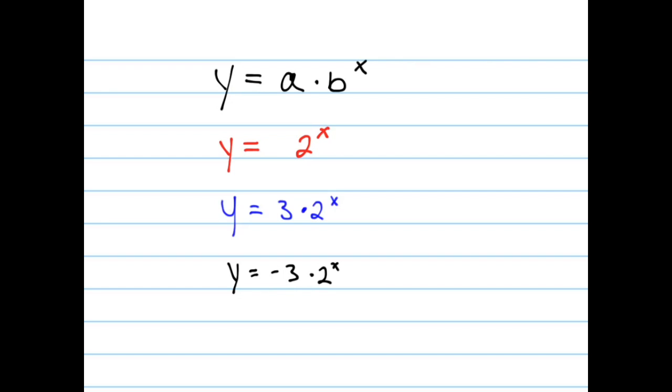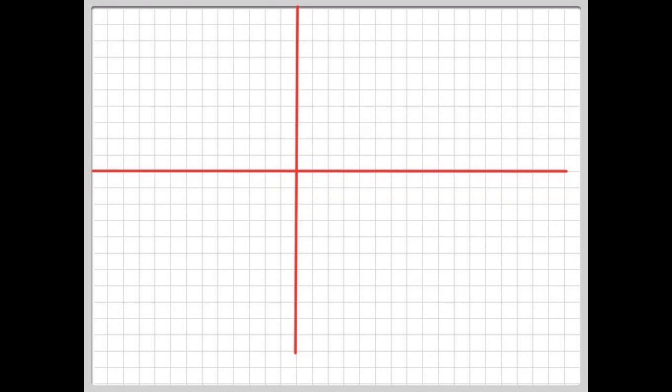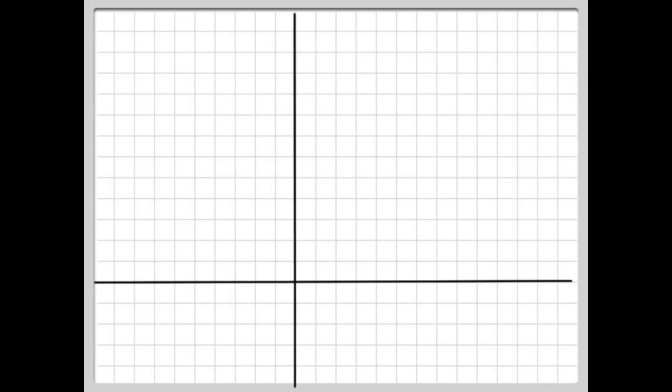Now, based on what we learned Friday, we should be able to graph y equals 2 to the x fairly simply because we know that since a is 1, it's going to start with a y-intercept of 1, and it's going to go up by multiples of 2. Let's actually use this graph. This will let us go a little higher.